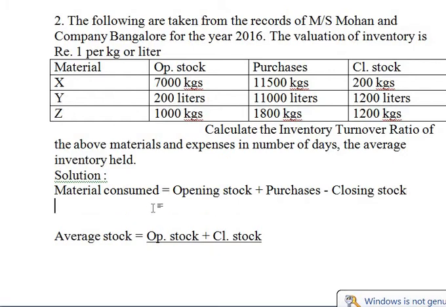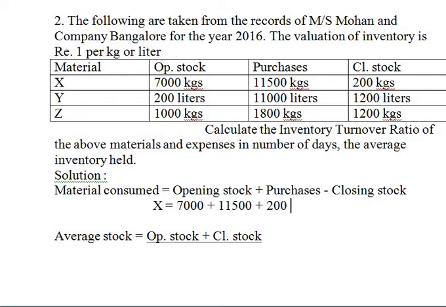Now first we need to find out material consumed. First for X, opening stock is 7,000 plus purchases 11,500 minus closing stock 200 kgs. So that will be equal to 18,300 kgs.